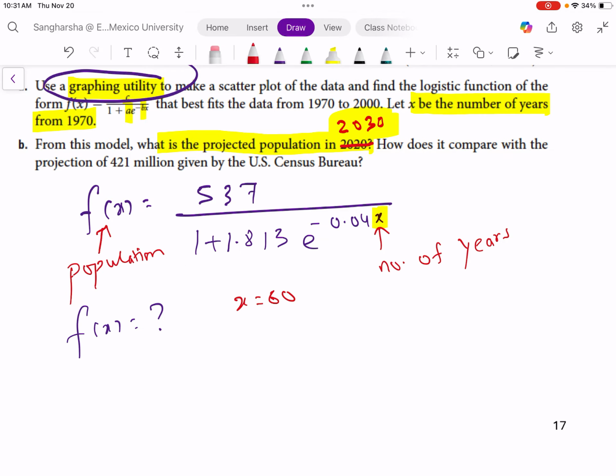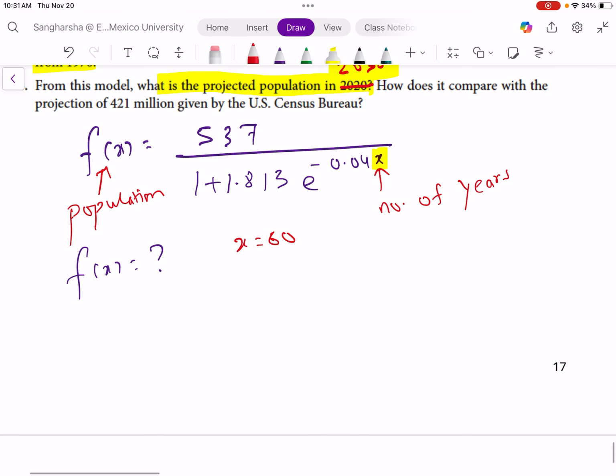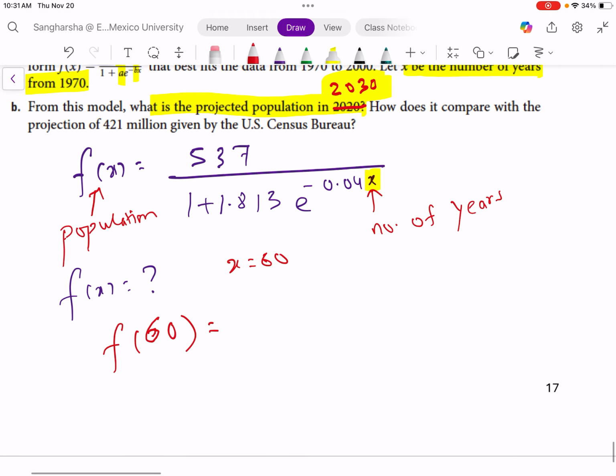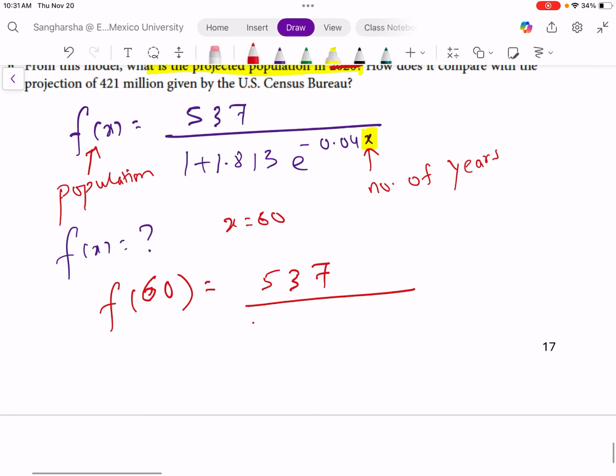Now we replace every x of this function by 60, and that gives us the projected population in 2030. So f of 60. Let's replace every x by 60: 537 divided by 1 plus 1.813 e to the power negative 0.04 times 60.